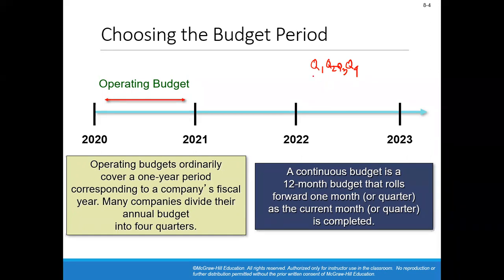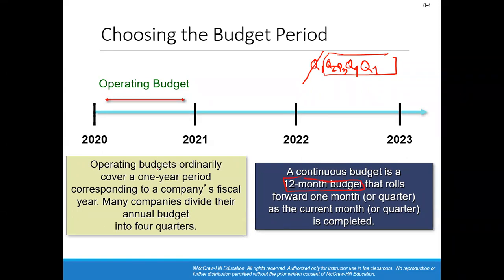But if a quarter has elapsed, you have already faced it, so you add another quarter. So that should be quarter 1. But altogether, it is still a 12-month budget period. That is known as the continuous budget.